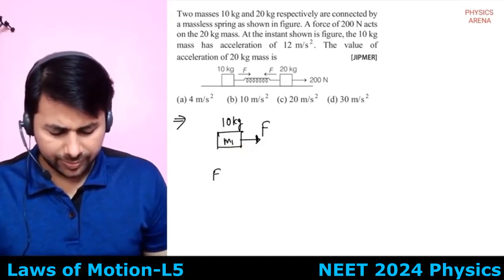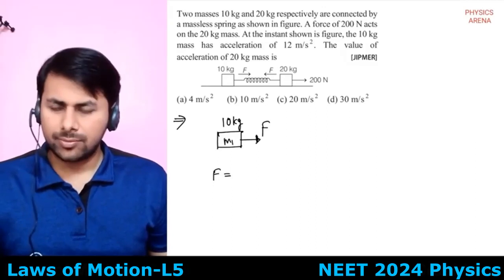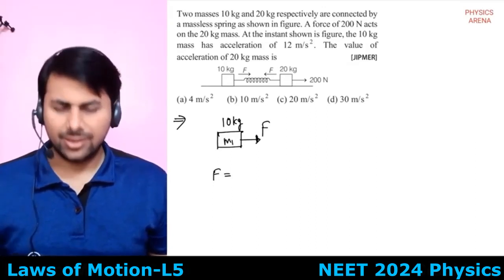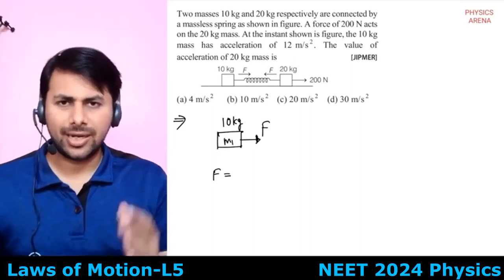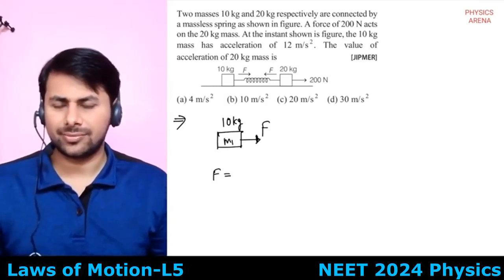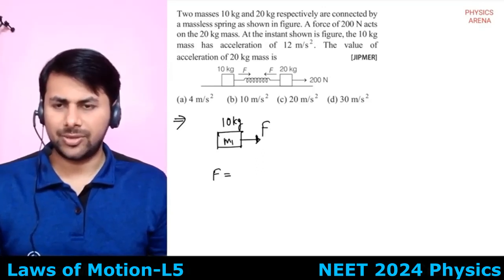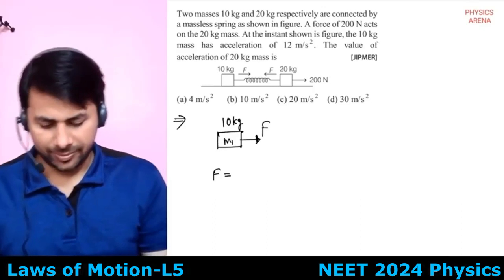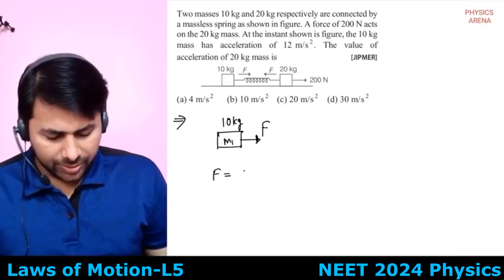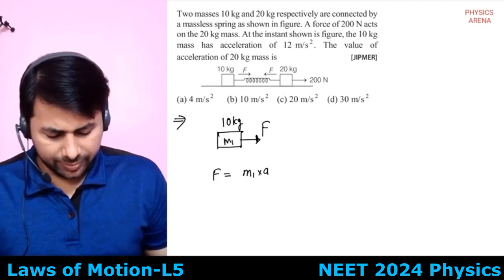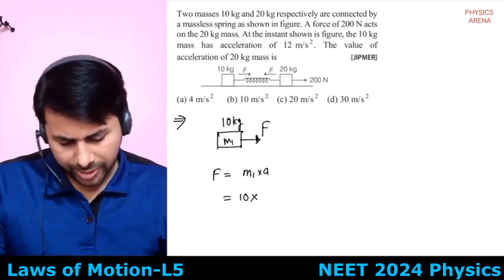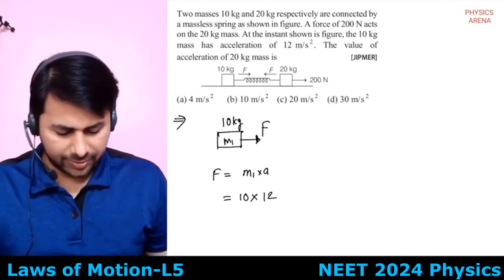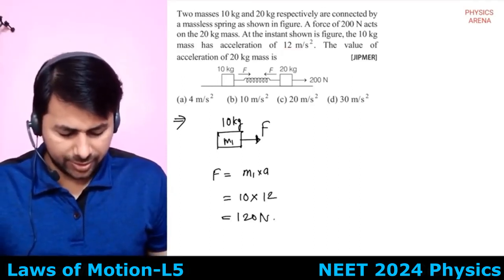So this is simple. F is just ma, because there is no other force, there is no friction also. So F is equal to m1 into a, that is 10 multiplied by the acceleration, which is given as 12 meter per second square. So this is 120 Newton.